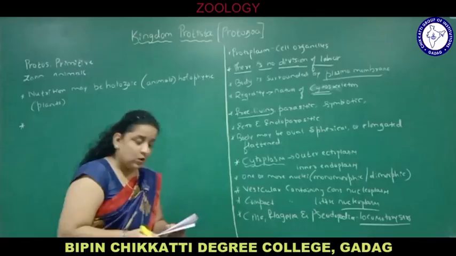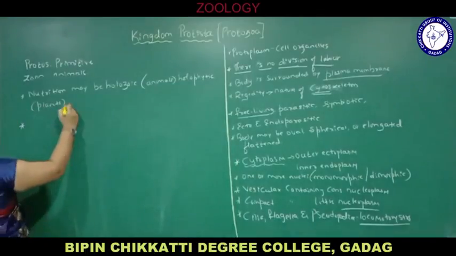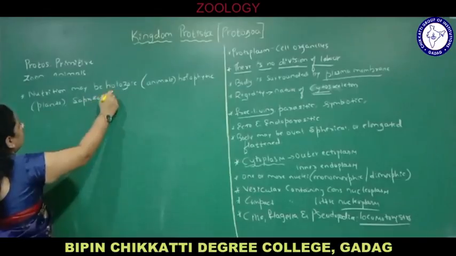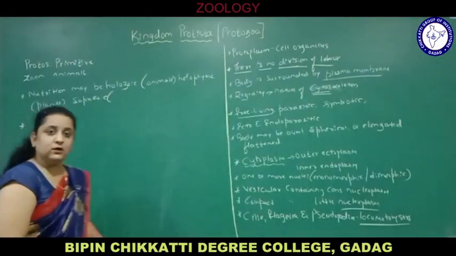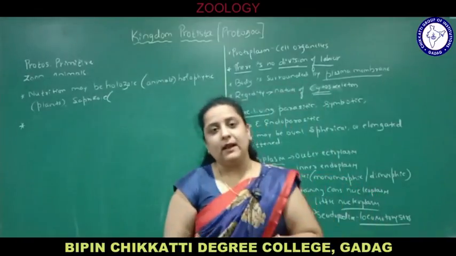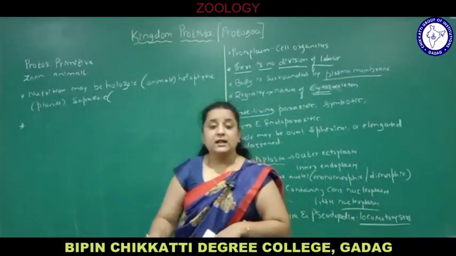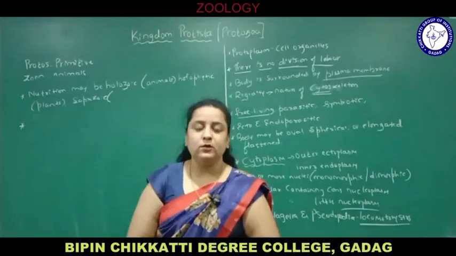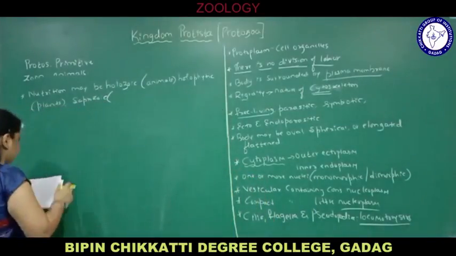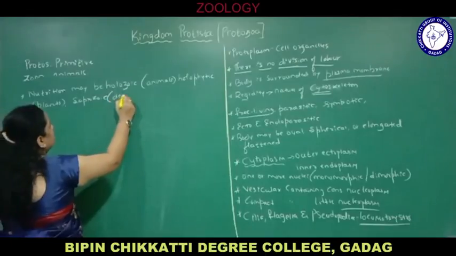And also saprozoic. Now, what do I mean by saprophytic organisms? The organisms which depend on dead and decaying organic matter are called saprophytes, and the mode of nutrition is called saprophytic nutrition; here we call it saprozoic nutrition.